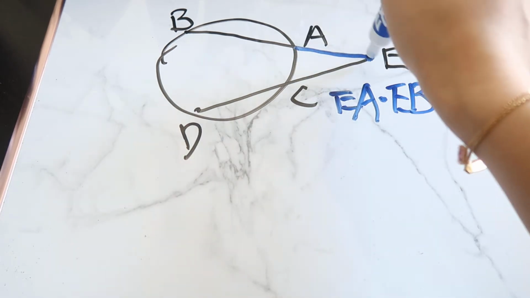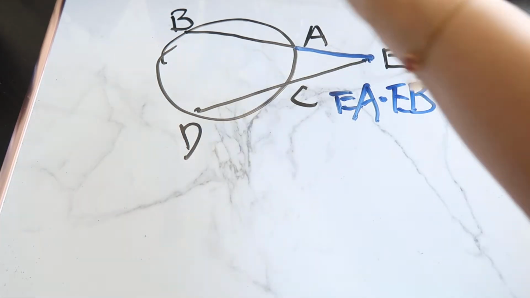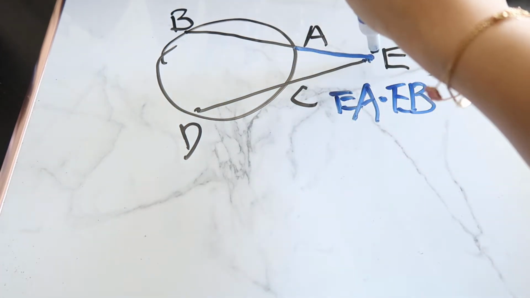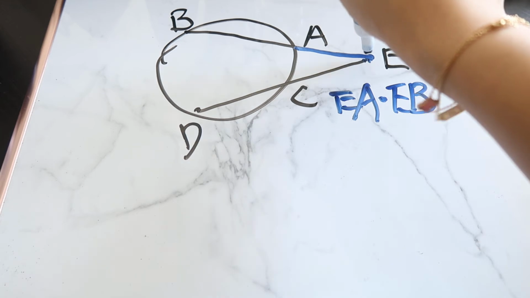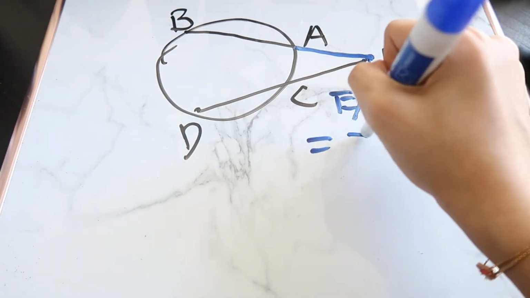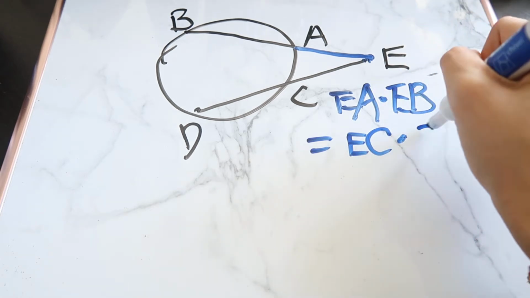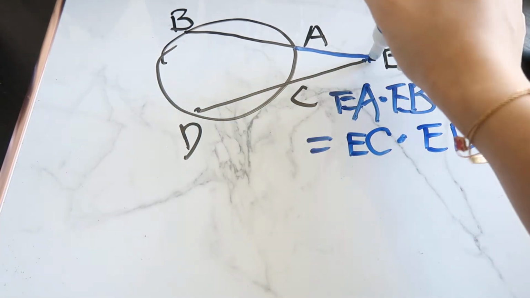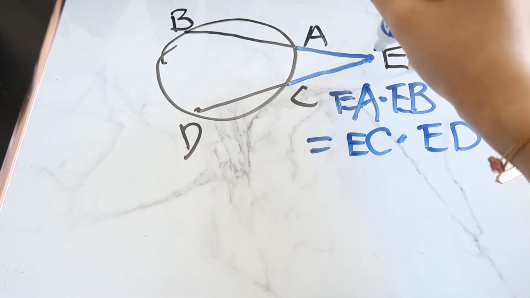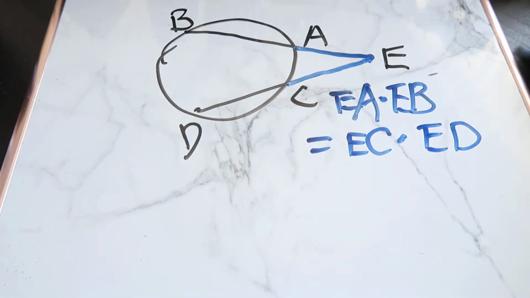EA is only this outside part, but EB is actually the whole segment. So you're not doing EA times AB. It's EA, the outside part, multiplied by the whole segment. And then it equals EC times ED. Again, EC is only this outside segment, however ED is the whole thing. Keep in mind that's the difference.